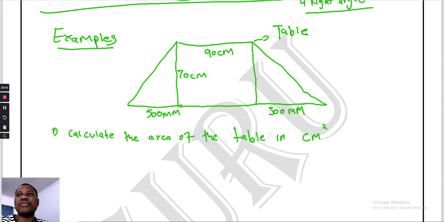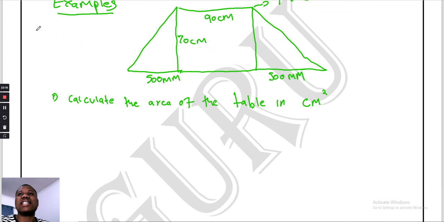Now let's check which shapes we are given. What we can see is that we have a right angle triangle 1, and we have the right angle triangle number 2.